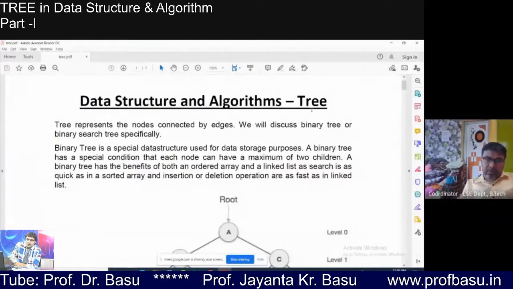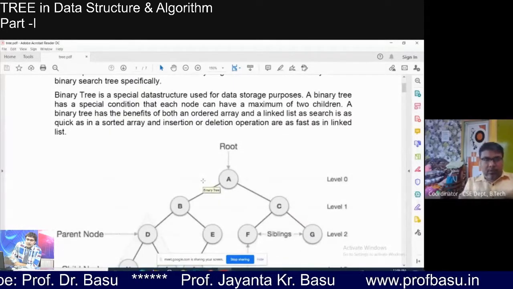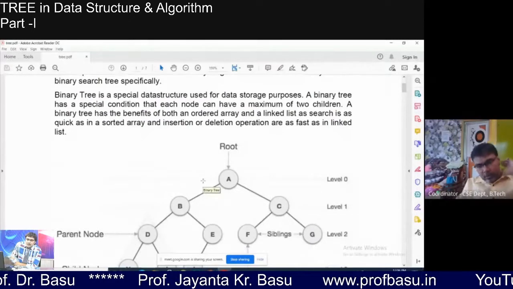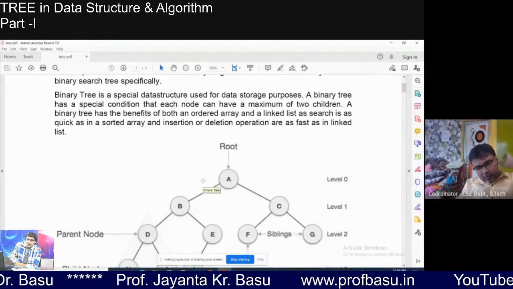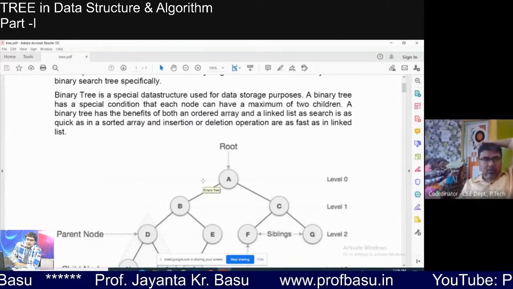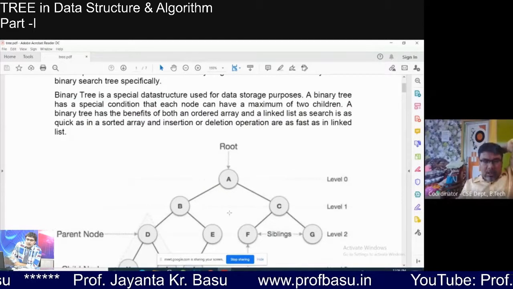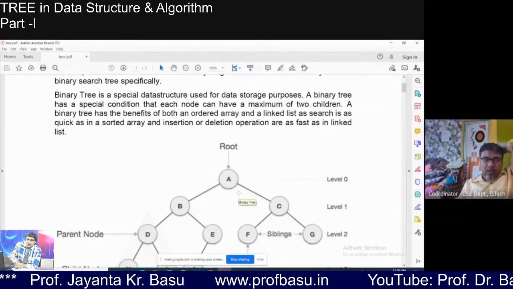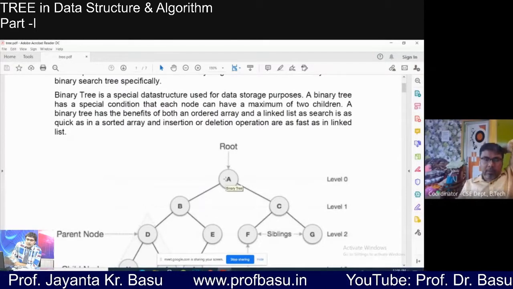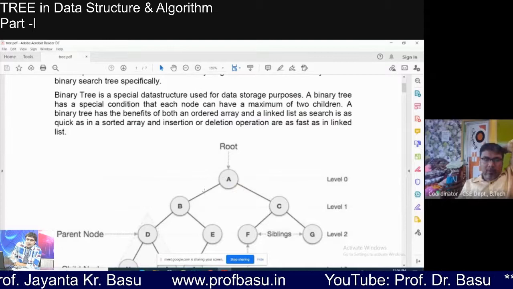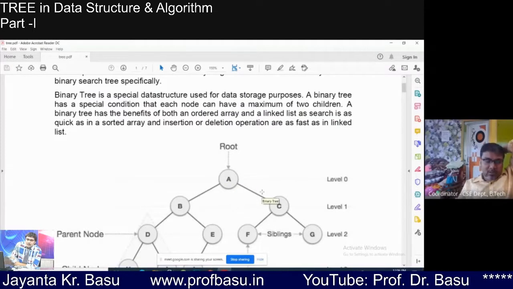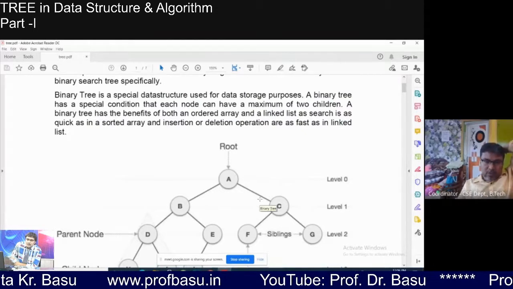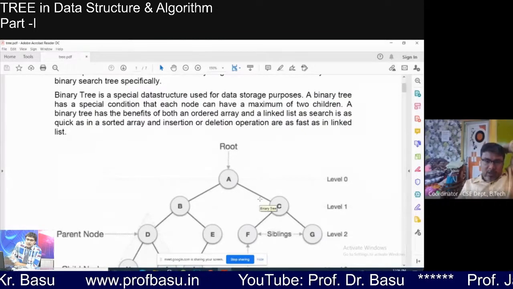Topic 3. First you have to study the binary tree, then we will study the general tree. A binary tree, by the name you can understand, a particular node may have two branches at most.